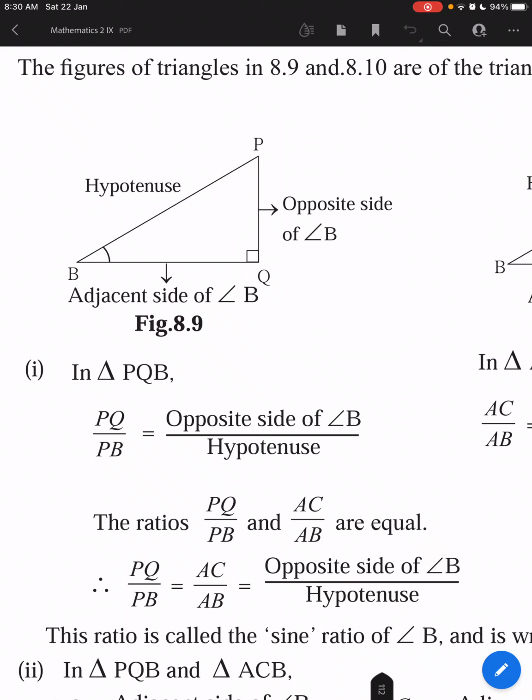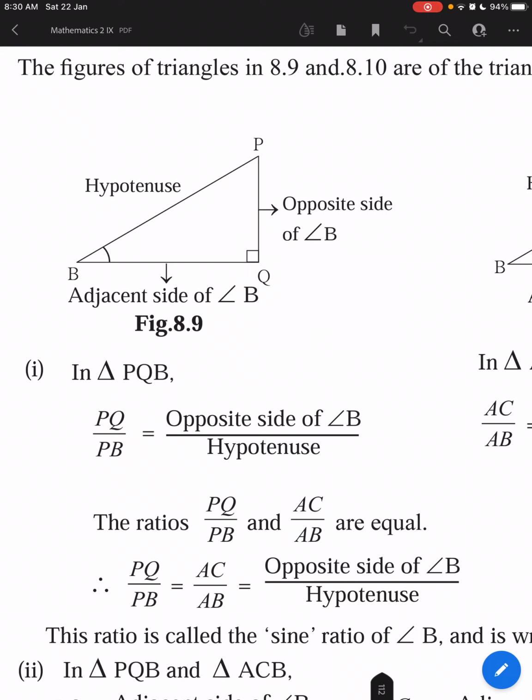When we divide, in a given triangle for an acute angle like B, the adjacent side and the hypotenuse, we get a ratio called the cosine ratio. This ratio is called the cosine ratio, COSINE, cosine ratio of angle B. And in brief, it is written as cos B. Okay, so this is the cos B ratio.